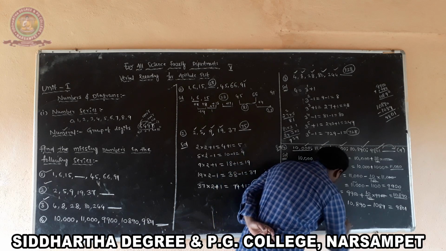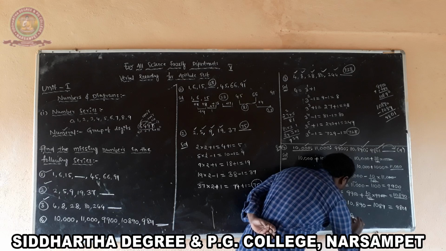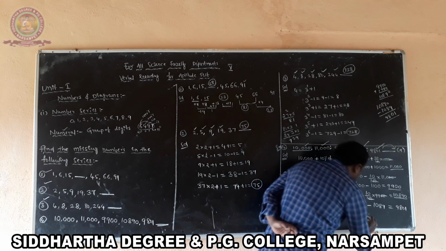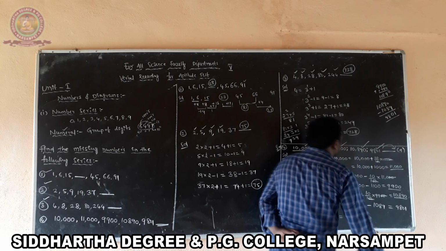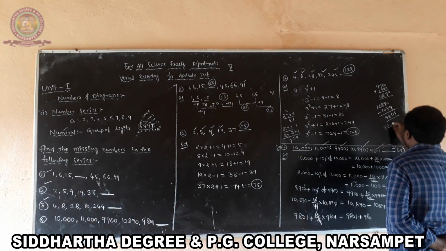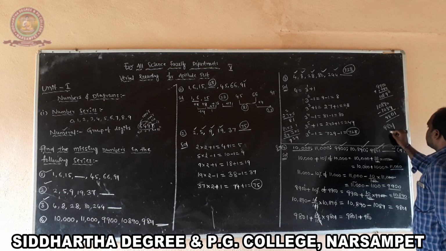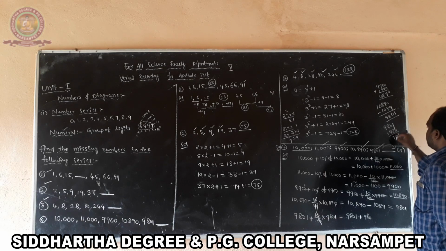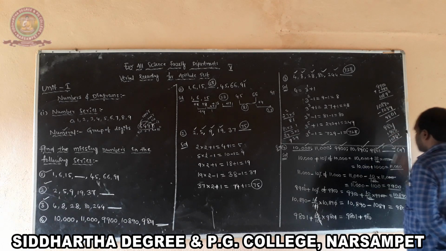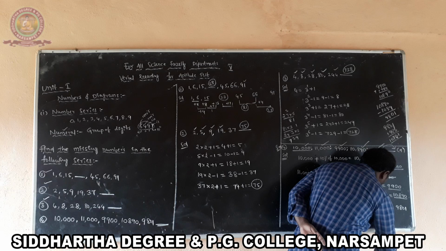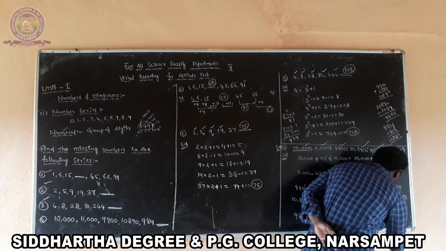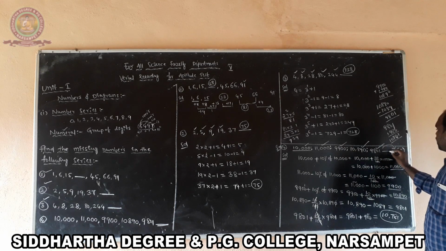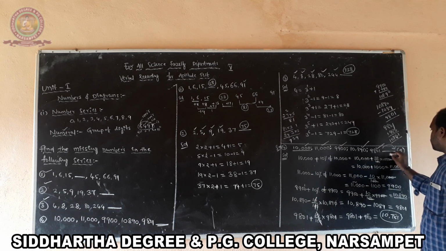So that is equal to 9,801 plus 9,801 by 10, that is 980 approximately. So that is 9,801 plus 980. So that is 1, 8, 8 plus 9, 17, 9 plus 1, 10. So the term is 10,781. So the missing term in the following series is 10,781.